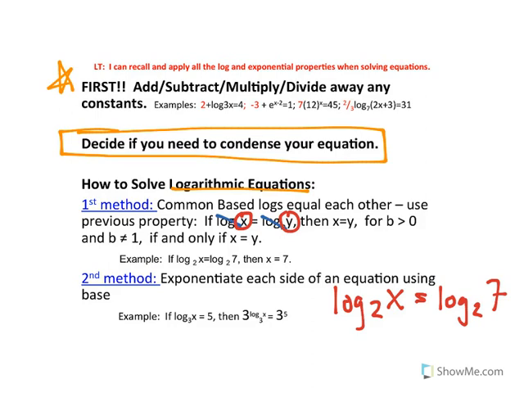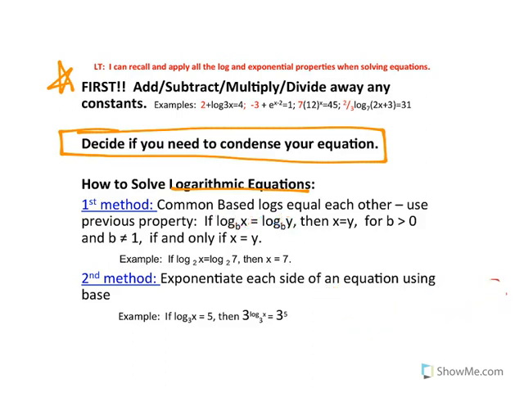But what you have right here in this example is something that has already been all the way condensed down to a single log on the left and a single logarithm on the right, and they have the same base. When they have the same base, I can drop the log base and what's left is what's equal. And in this case, that's my answer, x equals 7. But if it was x plus 5 equals 7, then I would set those equal and solve. Okay.